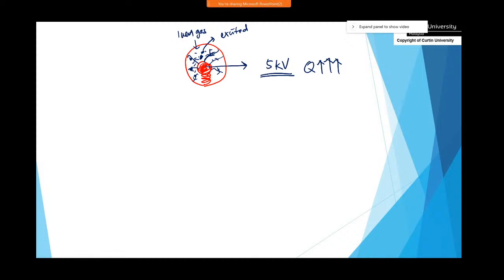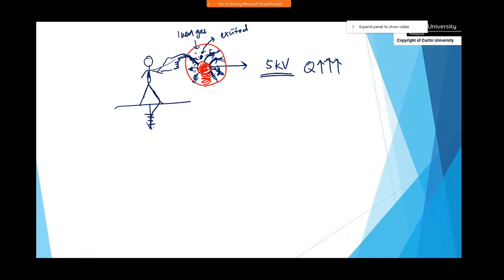So if you remember just now when I touched my finger here, yeah, this is my finger. When I touch my finger, what happened here is, because I'm creating a grounding system, this is to the ground. So instead of the charge being randomly discharged through the inert gas inside the glass ball, now most of them would prefer to go through my hands and go down to the ground.